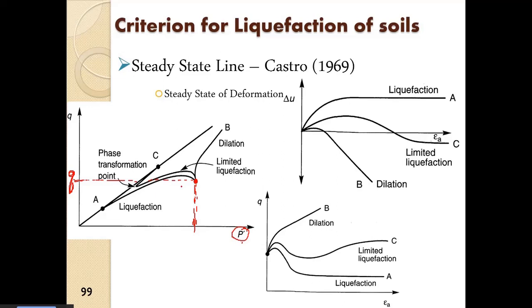And then he did a series of tests. Sample A is a very loose sand.